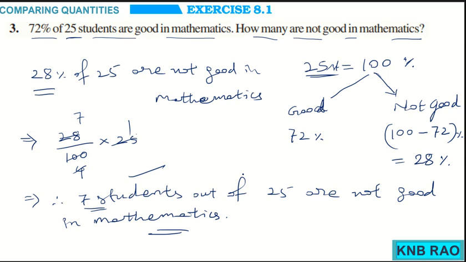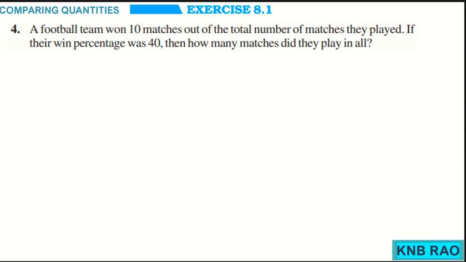Okay. Now we will go for solving question number 4. Question number 4. A football team won 10 matches out of the total number of matches they played. If their win percentage is 40, then how many matches did they play in all?